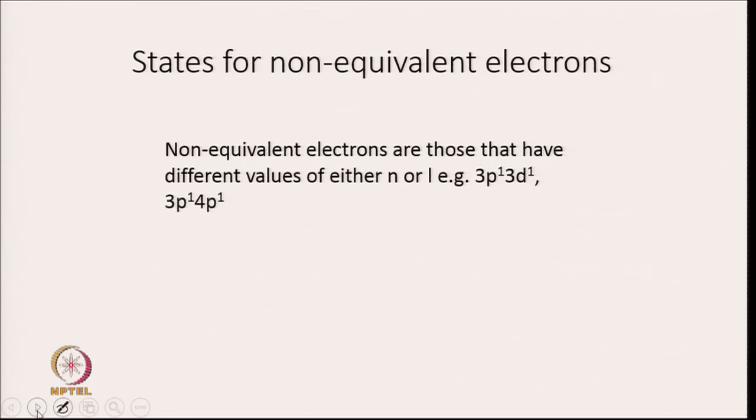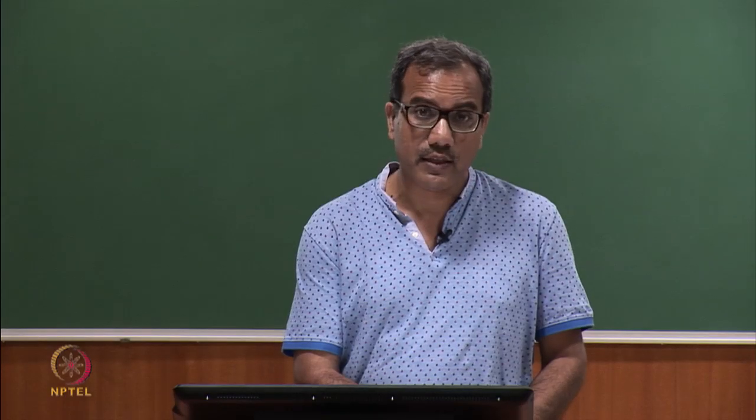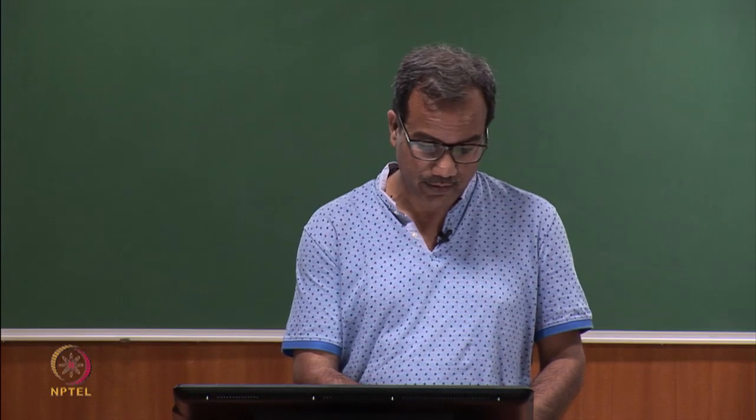Now, take the case of 3p1, 4p1. Although the l value of the two electrons is the same, the n value is not the same. For one electron n is 3, and for the other n is 4. And so, these are also known as non-equivalent electrons. Getting the states of non-equivalent electrons is not that difficult.